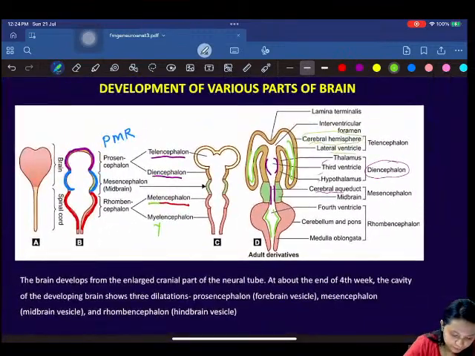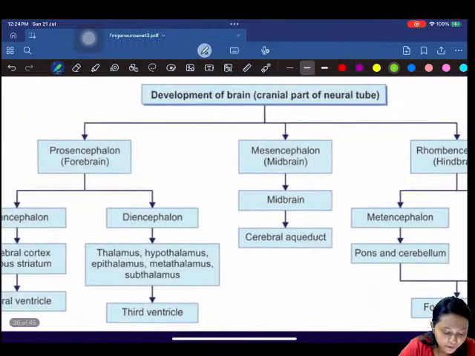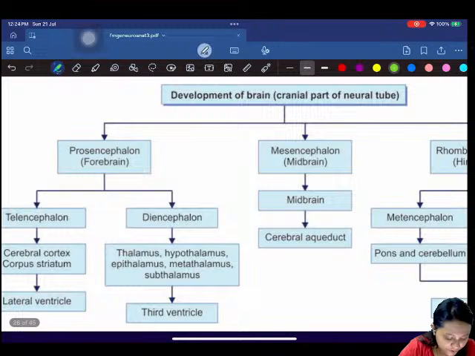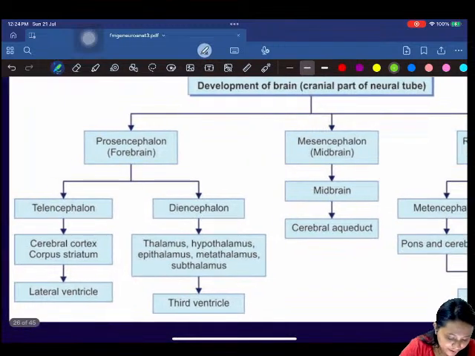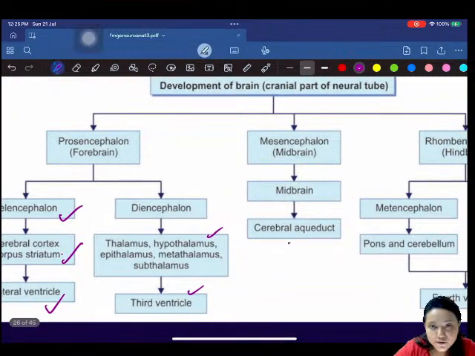Now let us come to this chart. Prosencephalon, forebrain. As I already told you, you have a telencephalon which is giving rise to your cerebral cortex, corpus striatum, and the cavity is your lateral ventricle. Diencephalon, you will have thalamus, hypothalamus, metathalamus, subthalamus, cavity is your third ventricle. Mesencephalon, midbrain, the cavity is your cerebral aqueduct.